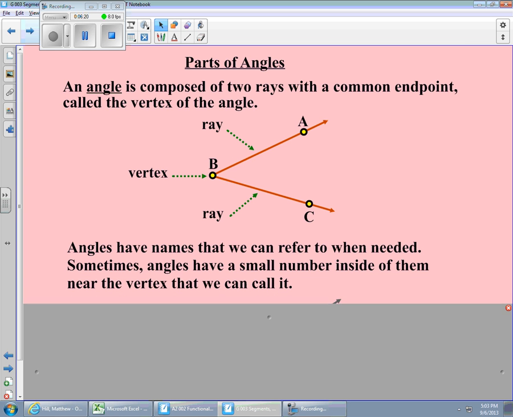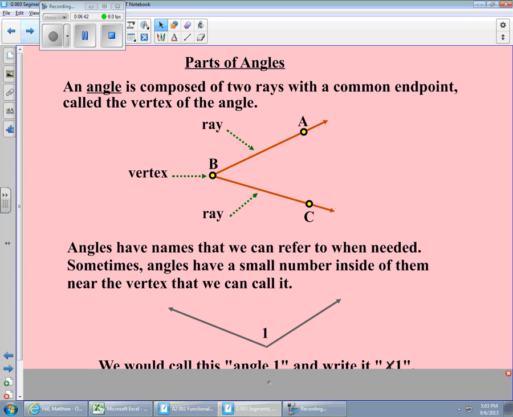Now, we will run into some complicated diagrams throughout the year, and in order to make things as simple as possible, sometimes the angles will have names that we can refer to when we need them. Sometimes those angles will have a small number inside of them near the vertex that we can refer to it as.